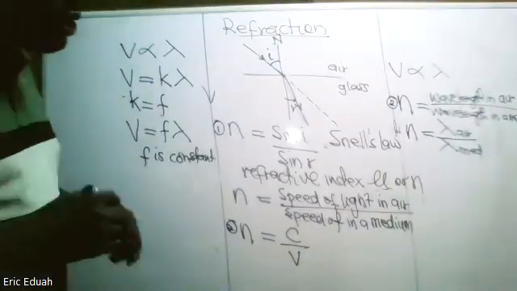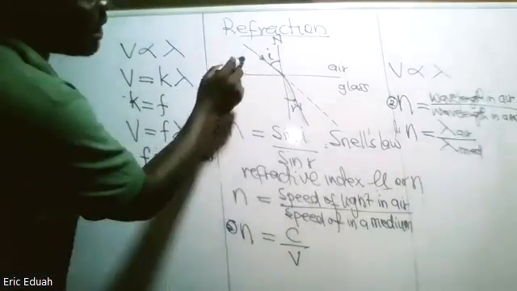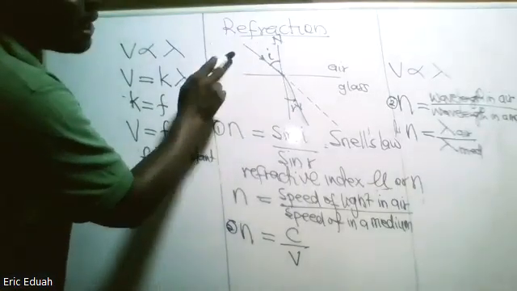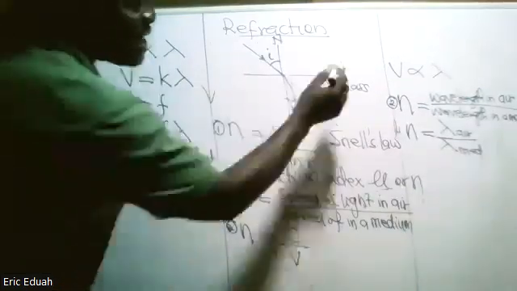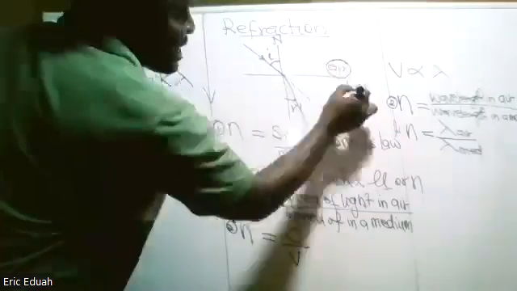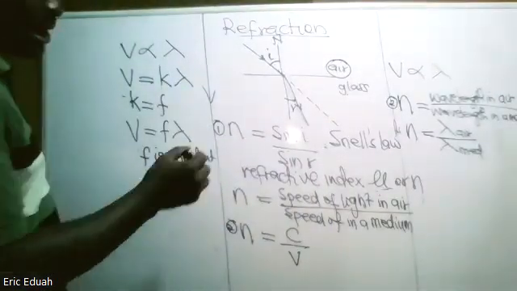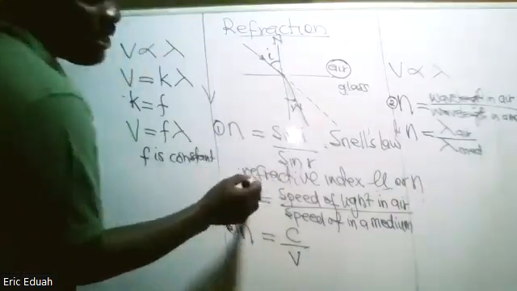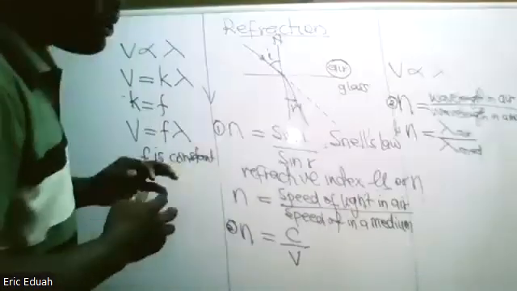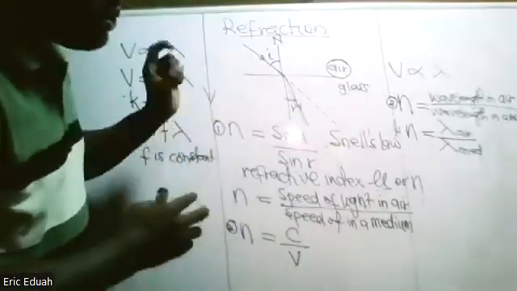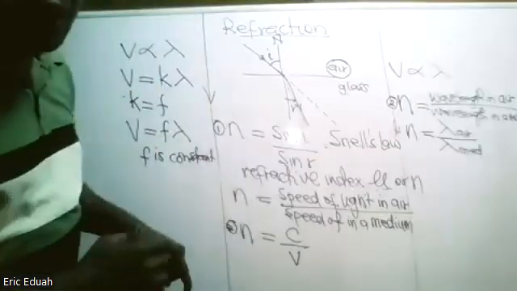Now, in all these considerations, we're looking at light propagated from air to glass. The first medium is air. The second medium is glass. When we were looking at the speed of light, and the wavelength, we are looking at light traveling from air into another medium.